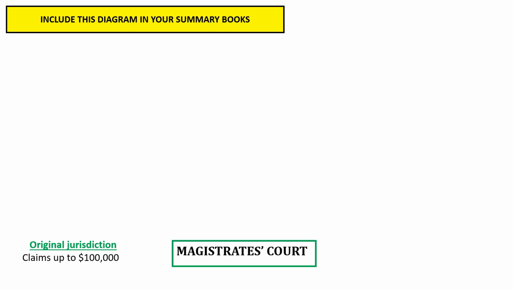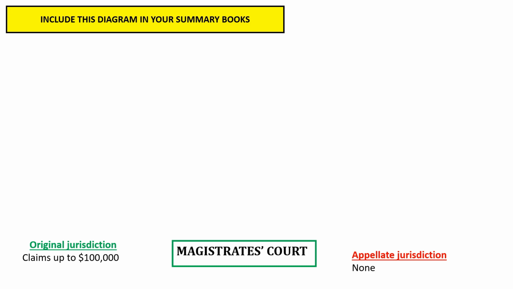And that's appropriate because where a dispute is small, it can be dealt with more quickly and more cost effectively in the Magistrates' Court. Because the Magistrates' Court is the lowest court in the Victorian civil court hierarchy, it has no appellate jurisdiction.